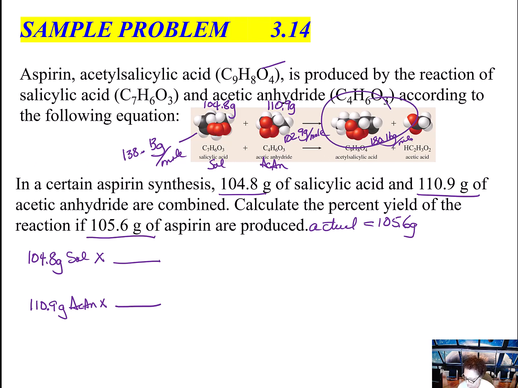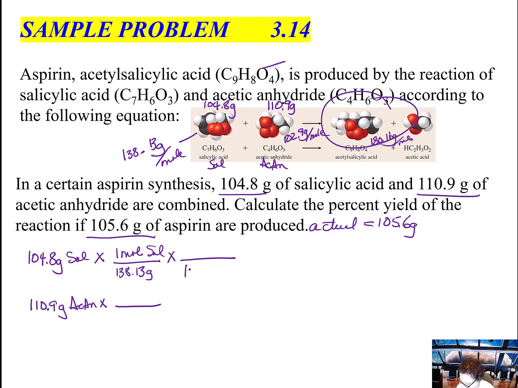All right, so 104.8 grams of salicylic acid times 1 mole of salicylic is 138.13 grams per mole, right?